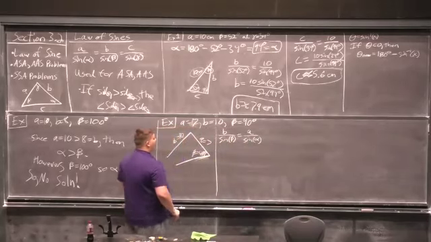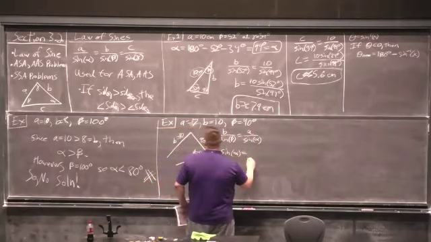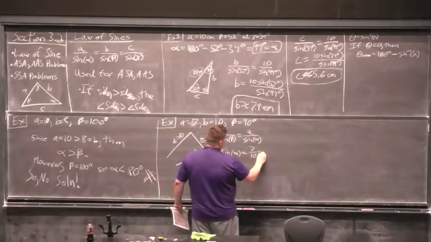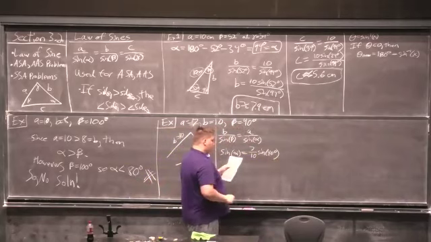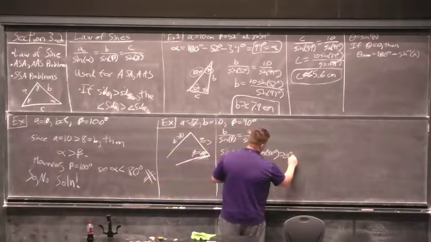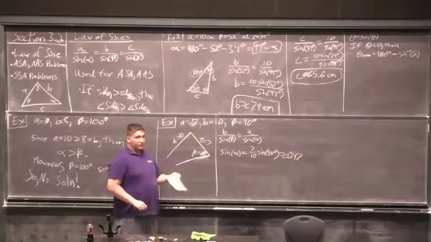Solve for sine alpha, and we get sine alpha is equal to 7 divided by 10 times sine of 40 degrees. This is approximately equal to 0.47. So it's less than 1, so we're good.